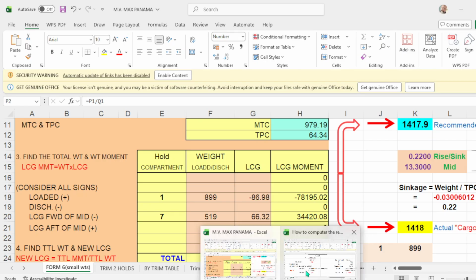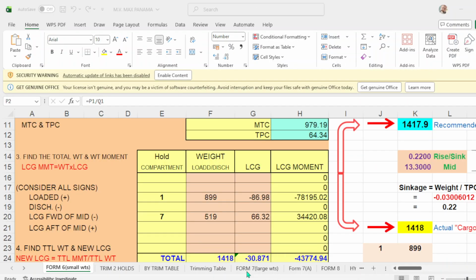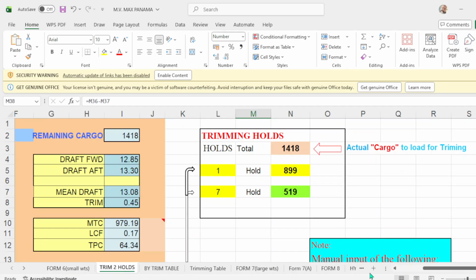Okay. Minus your weight forward, which is 899, and your weight in hold number 7 to load is 519. Okay. Trim holds 2.